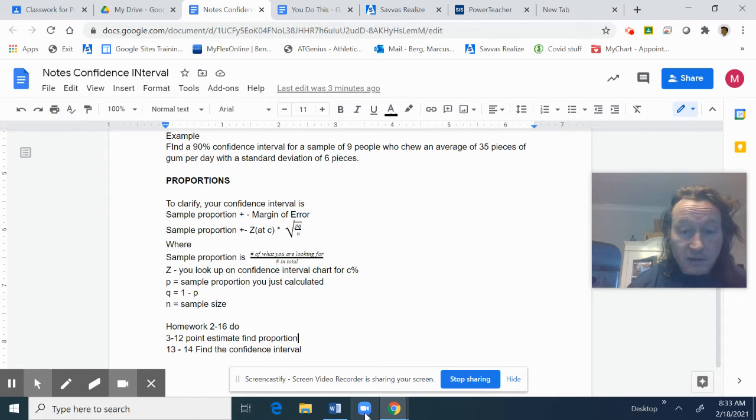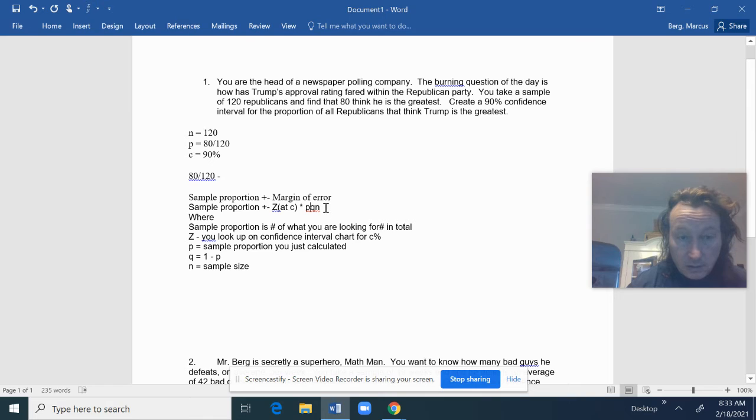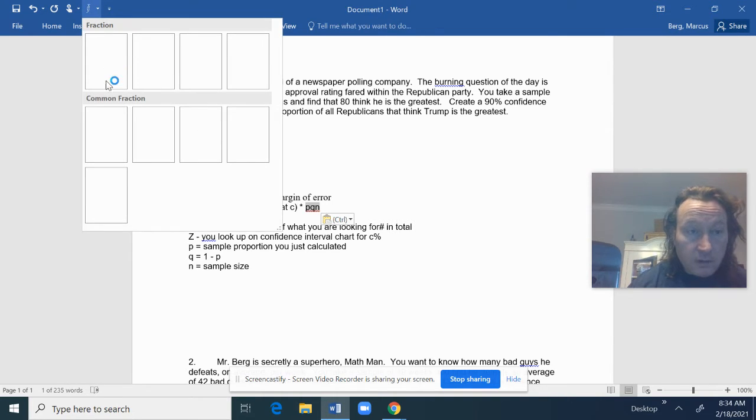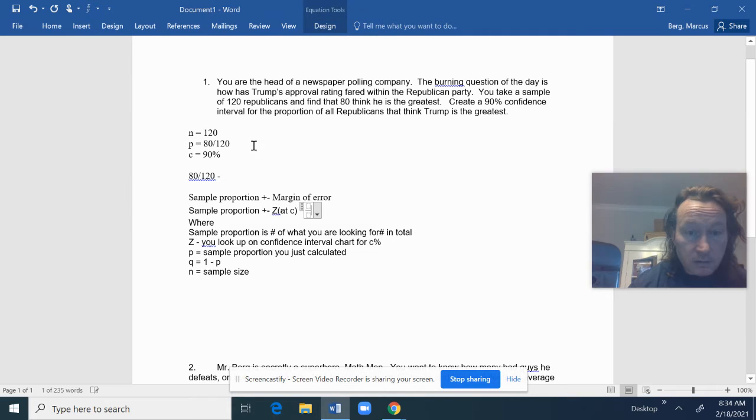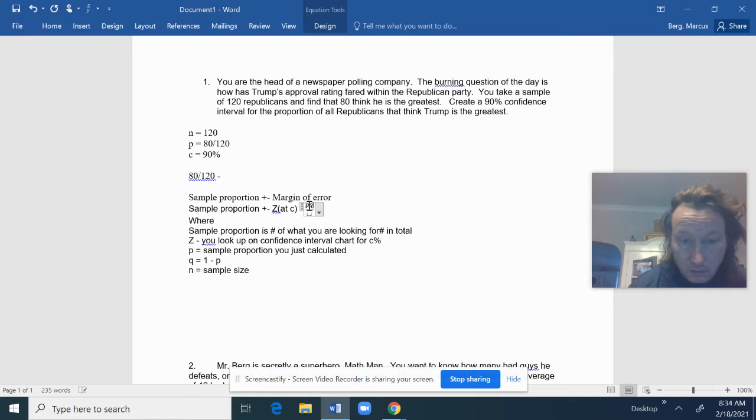All right, let me see if I can get that over correctly. It's not giving me my formula. I need a formula fraction. So this is going to be PQ over N. And I need another formula.